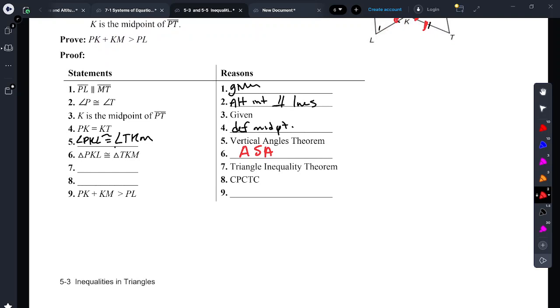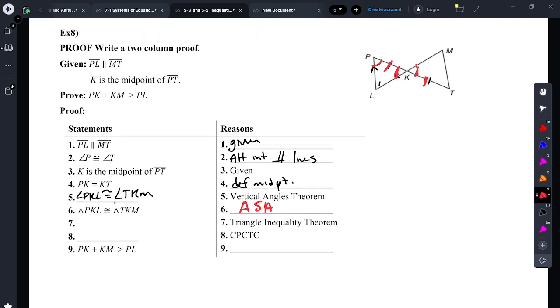Triangle inequality theorem says what? That PK plus KM is greater than what? PK plus, oh no, PK plus, sorry, PL, LK, right? PK plus LK is greater than what? PL. That's the triangle inequality theorem, yeah? Now what am I going to use here? What do I need to substitute?